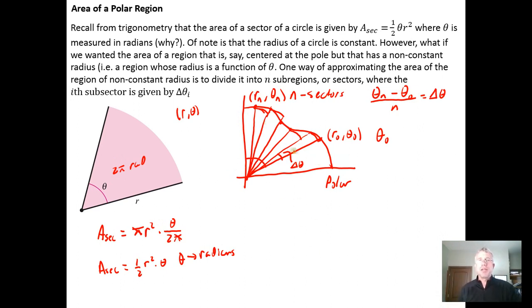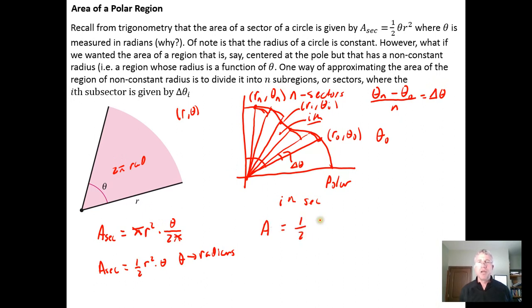If we think just about the ith sector, right here, the radius is going to be r sub i, and the angle position is going to be theta sub i. So how would we find the area of that ith approximating sector?